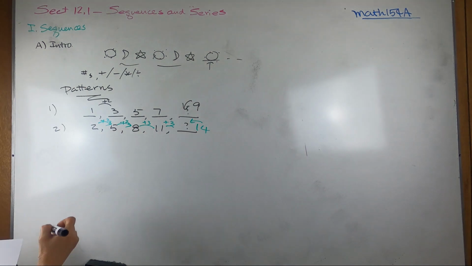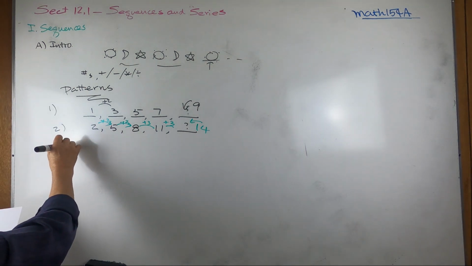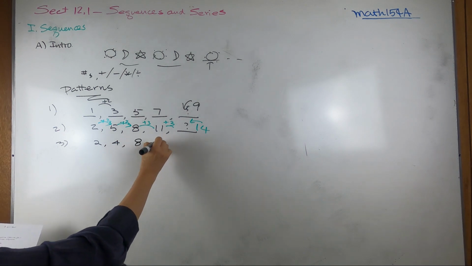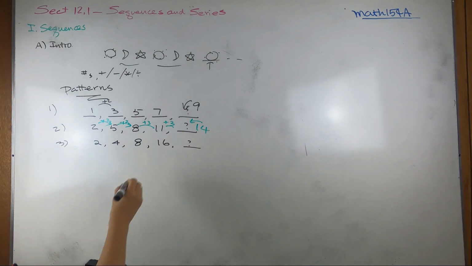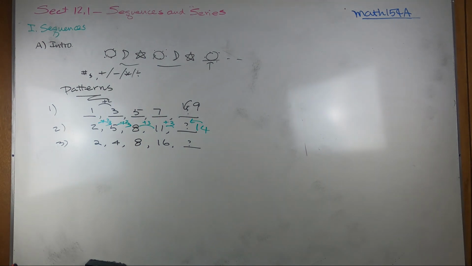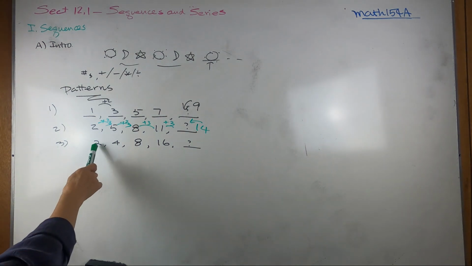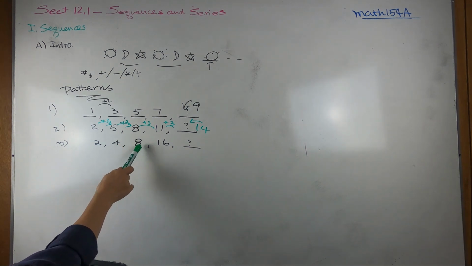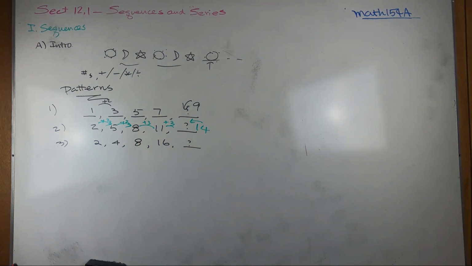If we have, say, 2, 4, 8, 16, what do you think the next number is? If it's adding 2, that will be 6. So it's not adding 2, right?